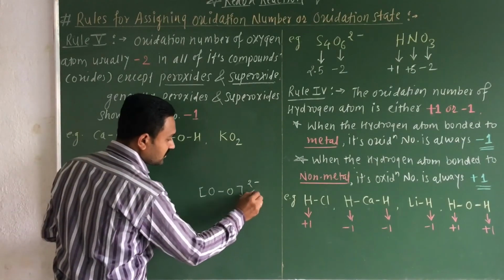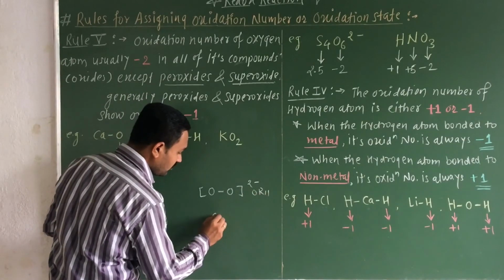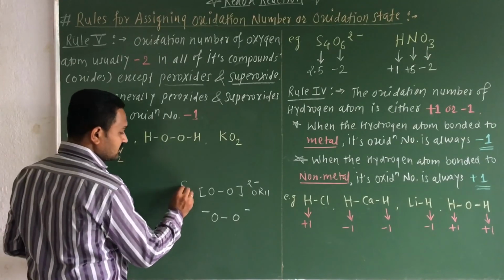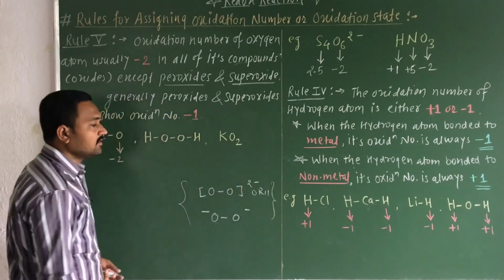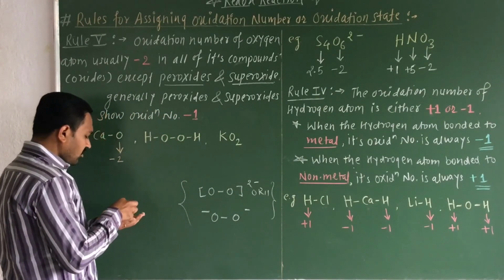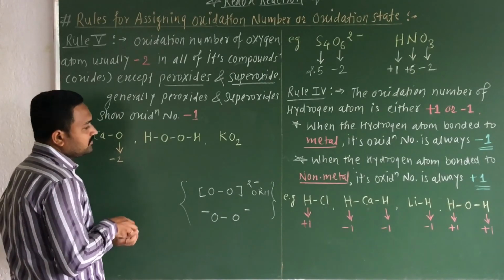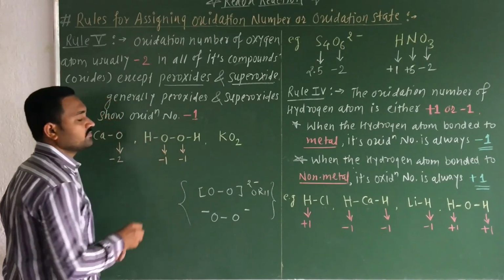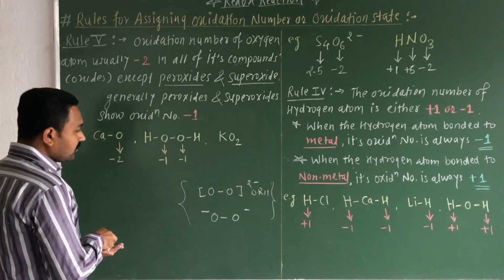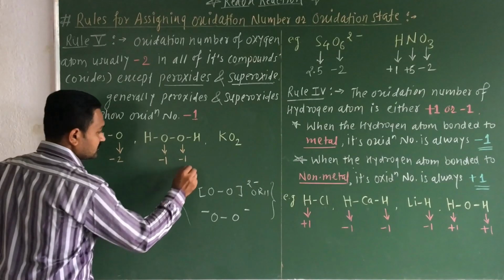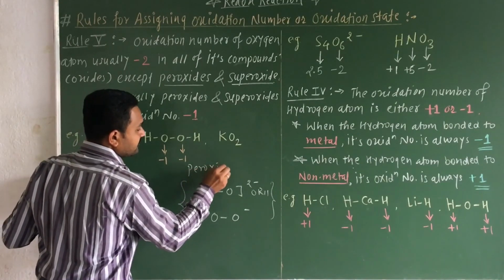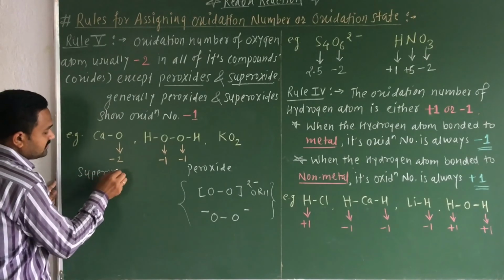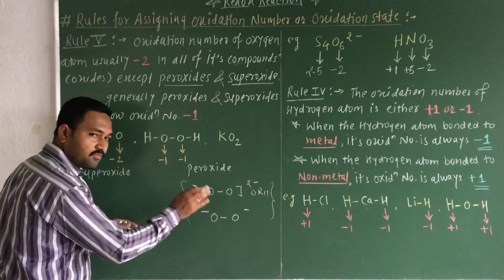Just consider it as a functional group, O2 2 minus. That means what? We can write it as O single minus, O single minus. Is it right? So this is about your peroxide. So here obviously the oxidation number of this oxygen atom will be -1. This will also have the -1. Okay. Now what about the superoxide? What is the functional group of superoxide?